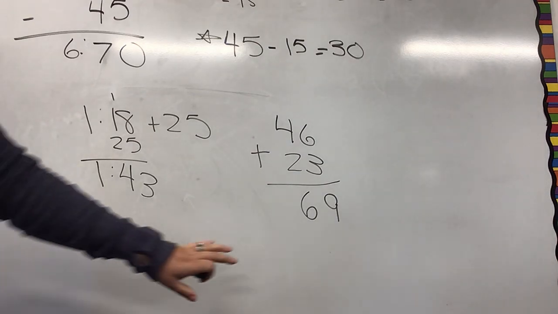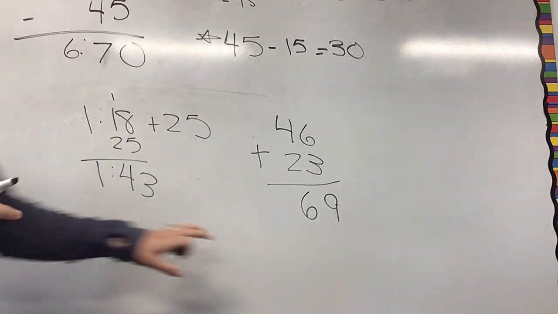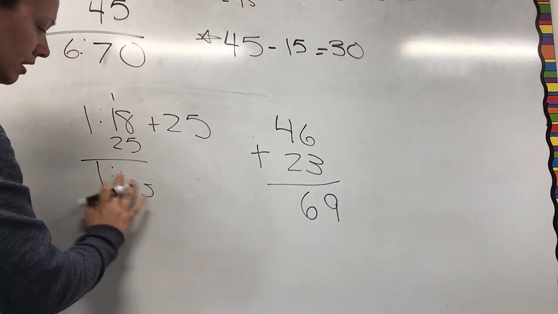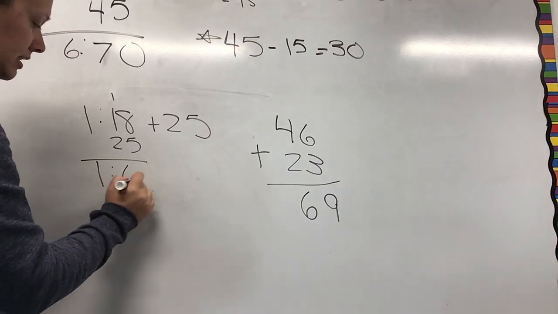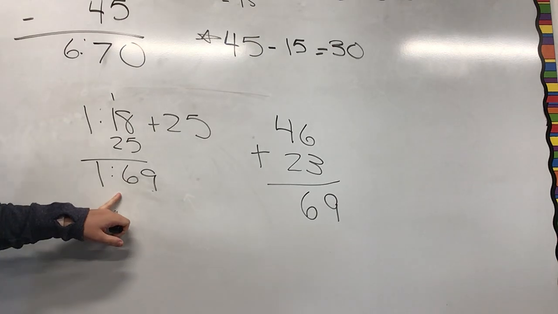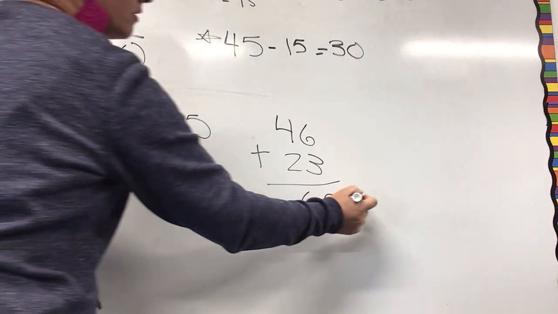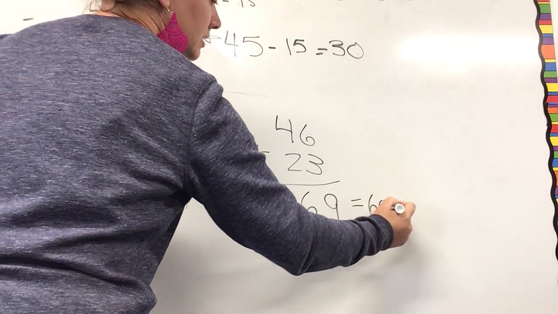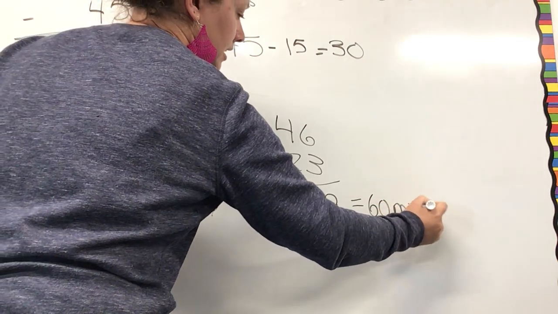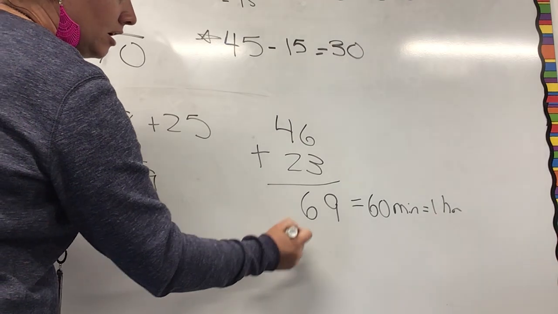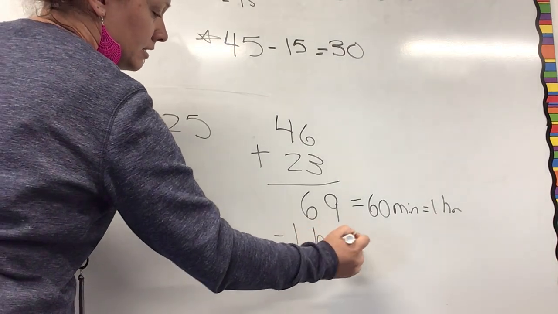What if I wanted to show that as hours? What if I got 1:69 over here? Is that a real time? No. What can I do here to fix that? Malia? You know that 60 minutes is 1 hour? Yeah. So 69 minutes is actually 1 hour and how many minutes? 9.